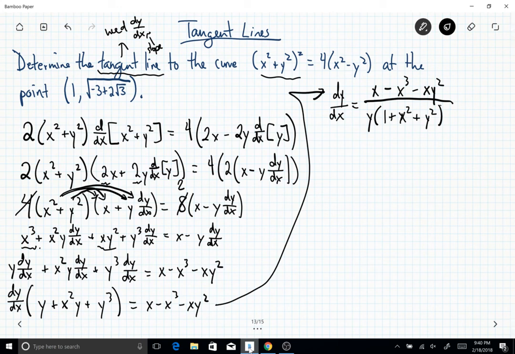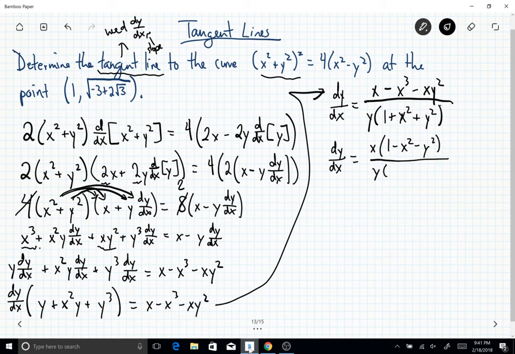Same thing you can do in the numerator: if you factor out an x, you get 1 minus x squared minus y squared. Ooh, so close, right? And then all over you have y times 1 plus x squared plus y squared.